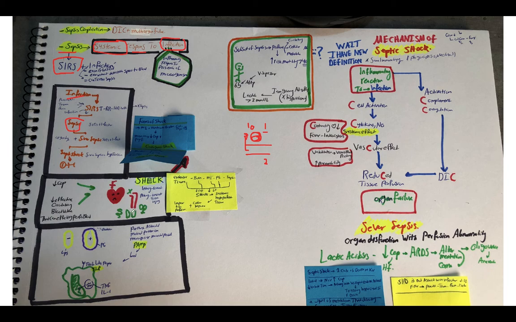Why is there systemic hypoperfusion? It's because of either low cardiac output or less effective circulatory blood volume. That means not every part of your body will get good blood volume. Even though they will receive blood, it's very low, or maybe there is a defect.